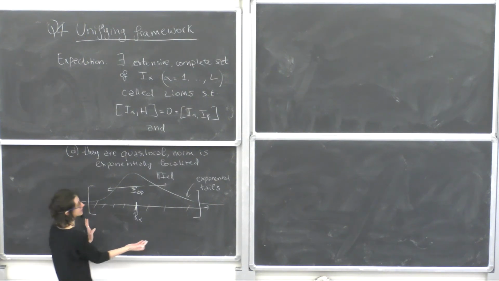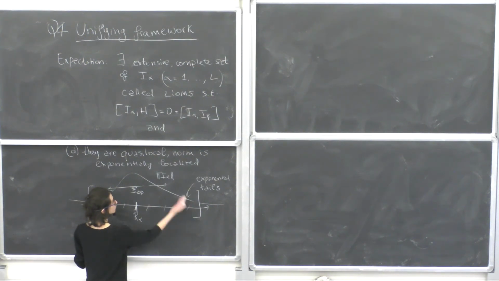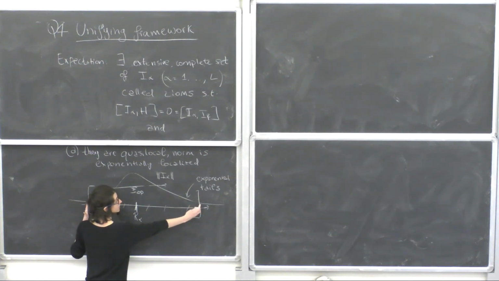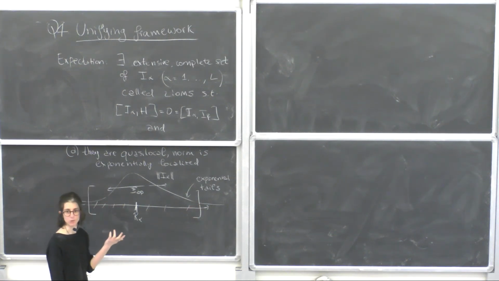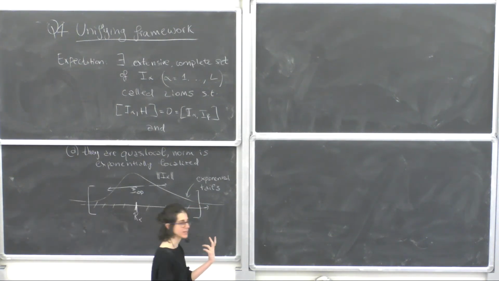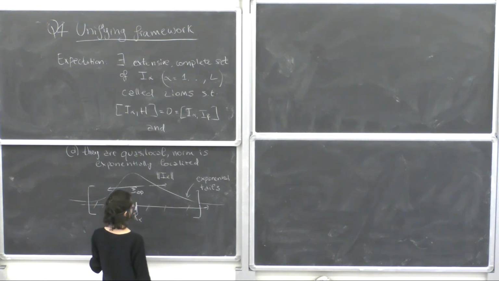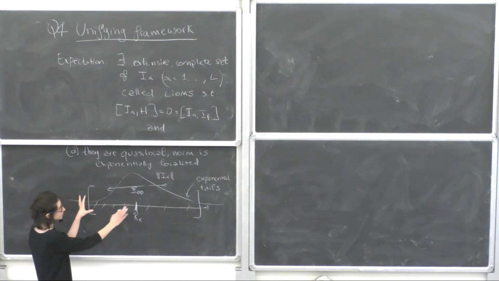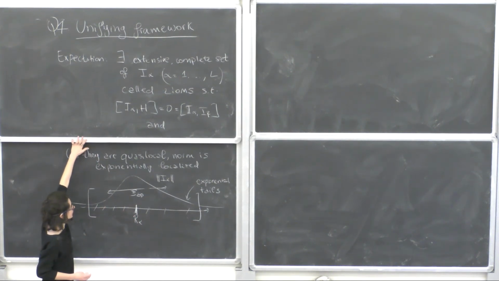So I can approximate the norm of my operator up to exponentially small terms, and the truncation is conserved up to exponentially small terms. It commutes with my Hamiltonian up to exponentially small corrections. It's almost a strictly local operator.